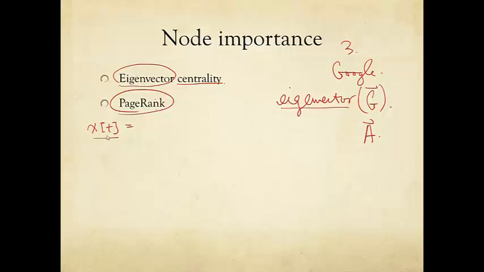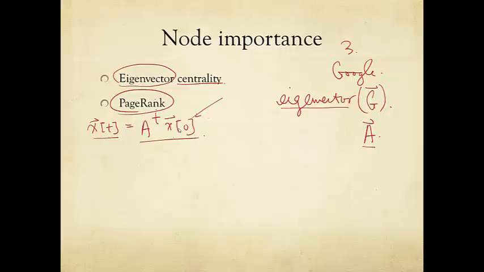with 1 entry per node, evolved over discrete time indexed by t, as multiplying an initialization vector x at time 0, thus initialization, on the left by this adjacency matrix A. At time t, it's been applied t times. Now, how do we understand this expression?